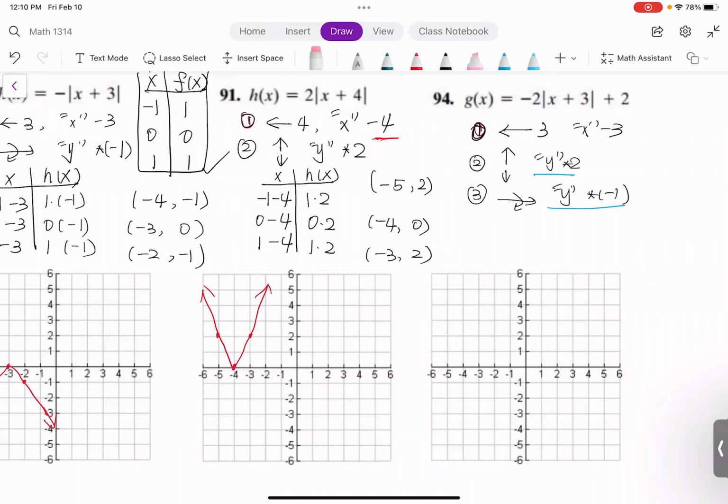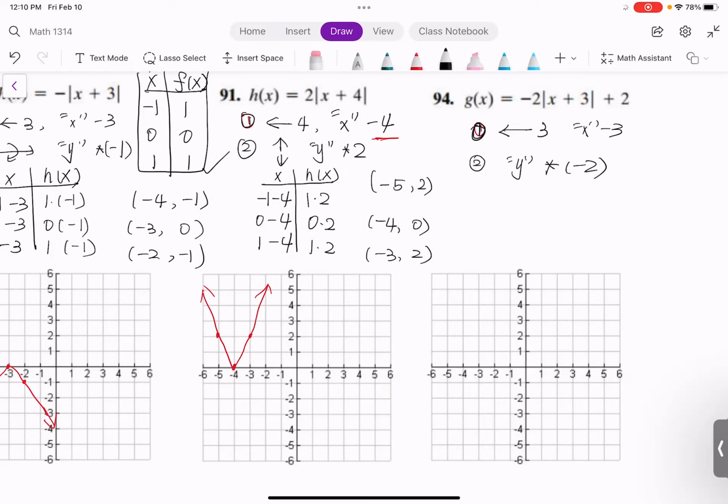So we can save some space and make things easier. We just say all the y multiplied by -2. Is easier, right? Makes things simpler.